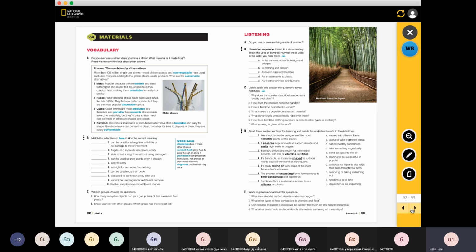Let's think about what you see around yourself here. Do you use any products that are environmentally friendly?